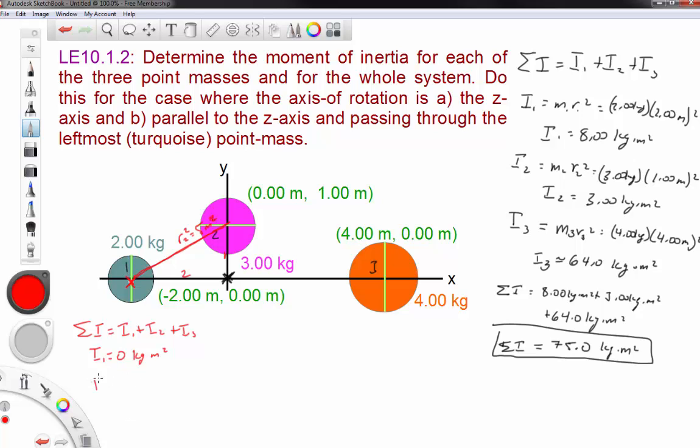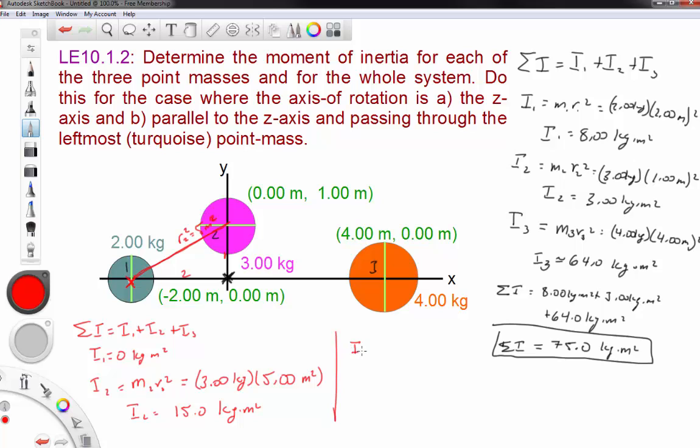So I number 2, remember, is m2 R2 squared. So that would be 3.00 kilograms times 5.00 meters squared. So I'm just not even going to bother taking the square root of this since I don't really need it. That means that I2 is 15.0 kilogram meters squared.